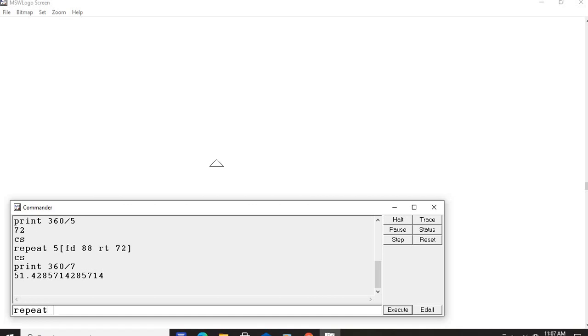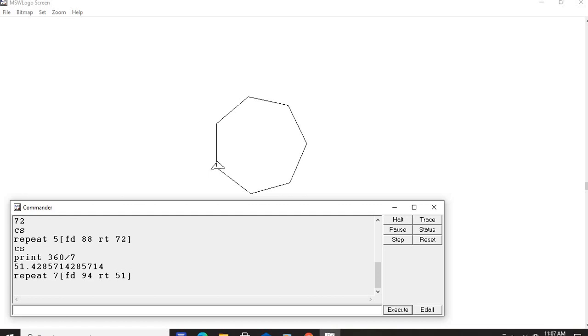A heptagon has 7 sides, so 7, opening bracket, I am saying FD 94 and RT 51. Closing bracket, you will get a 7-sided figure. You can check that it has 7 sides. So this was the heptagon. How did I get the 51? 360 is the complete rotation and 360 divided by 7 gives me 51.